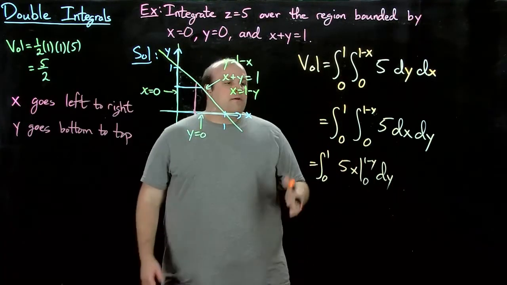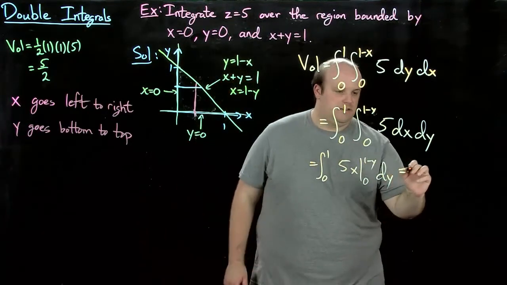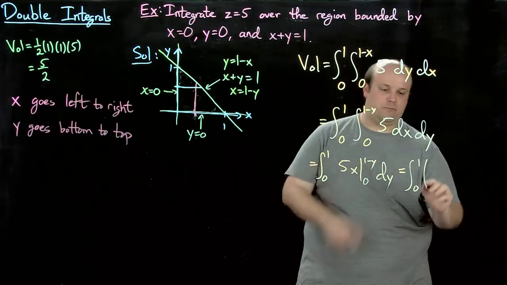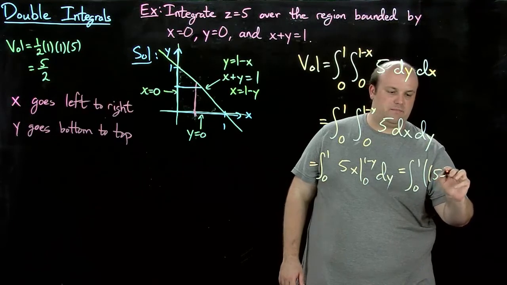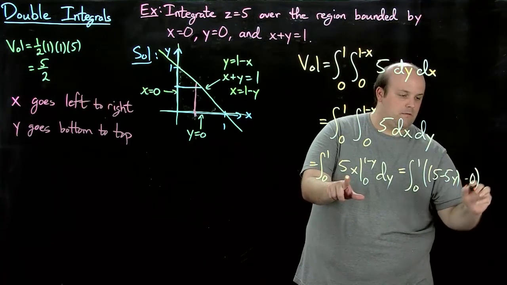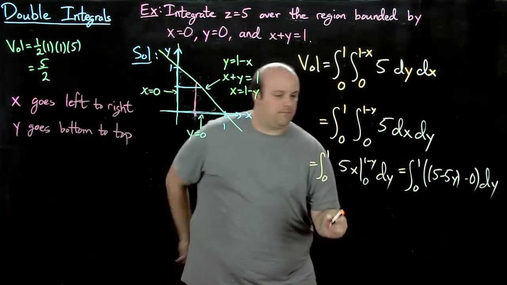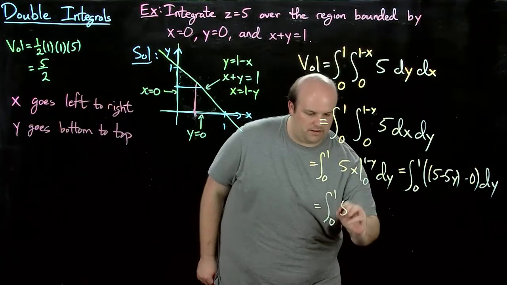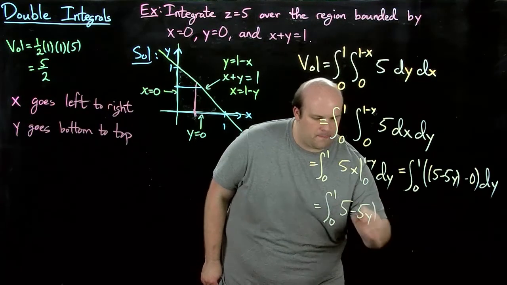So that's just the integral from 0 to 1 of 5 times 1 minus y, so that's 5 minus 5y minus plug in 0. So this is just the integral from 0 to 1 of 5 minus 5y dy.